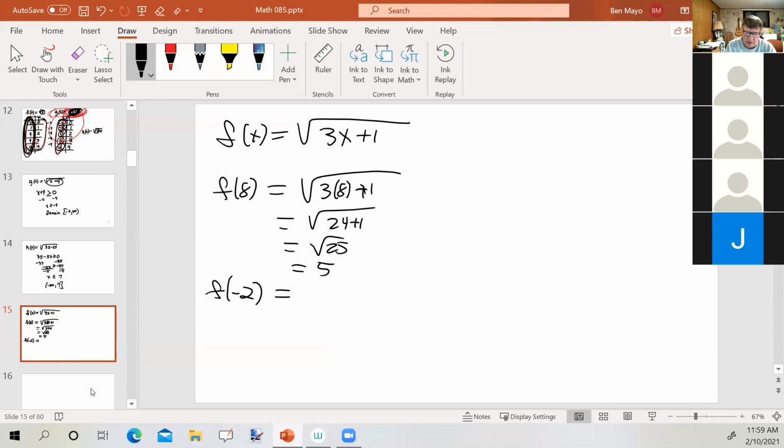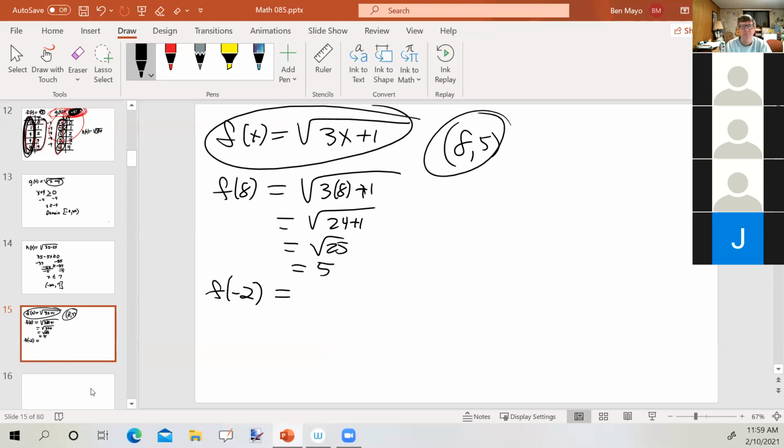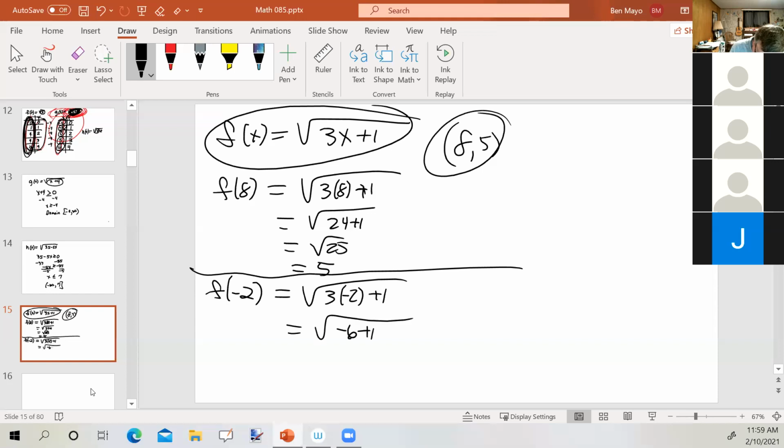So f of 8 is 5. So the ordered pair (8, 5) would be a point on the graph of this function. Okay. F of -2, the square root of 3 times -2 plus 1, the square root of -6 plus 1, the square root of -5, which is not real. So -2 is not in the domain of that function. Okay. Any questions there?